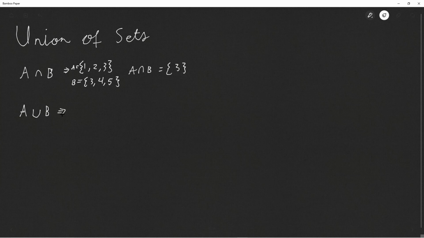However, for this one, we want if it's in either A or B. So as we can see, our A or B is going to be equal to absolutely anything in all of them. So first we could write our A as 1, 2, 3 because it is in A or B. So we don't need to write the 3 a second time, but then we can just write 4 and 5.